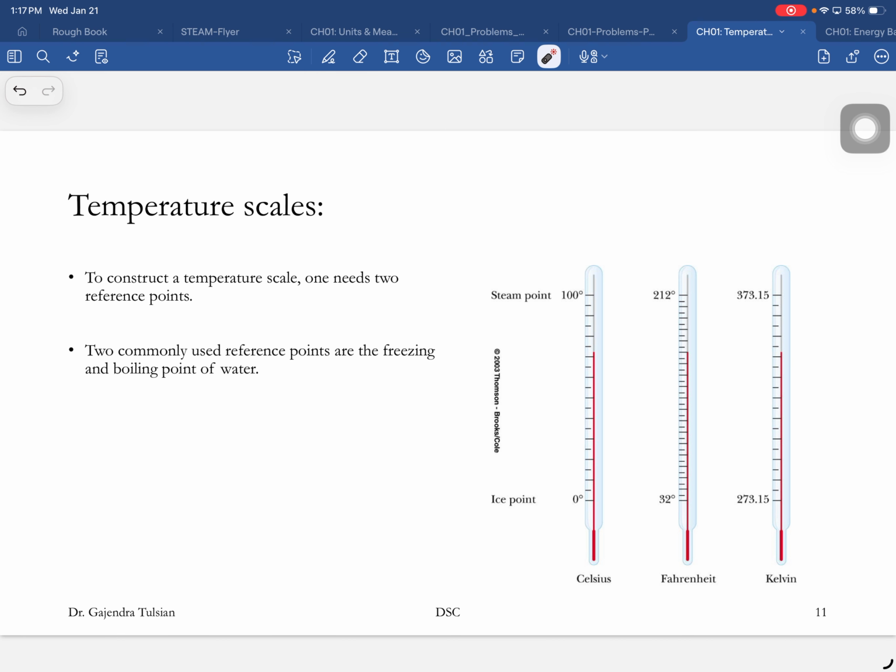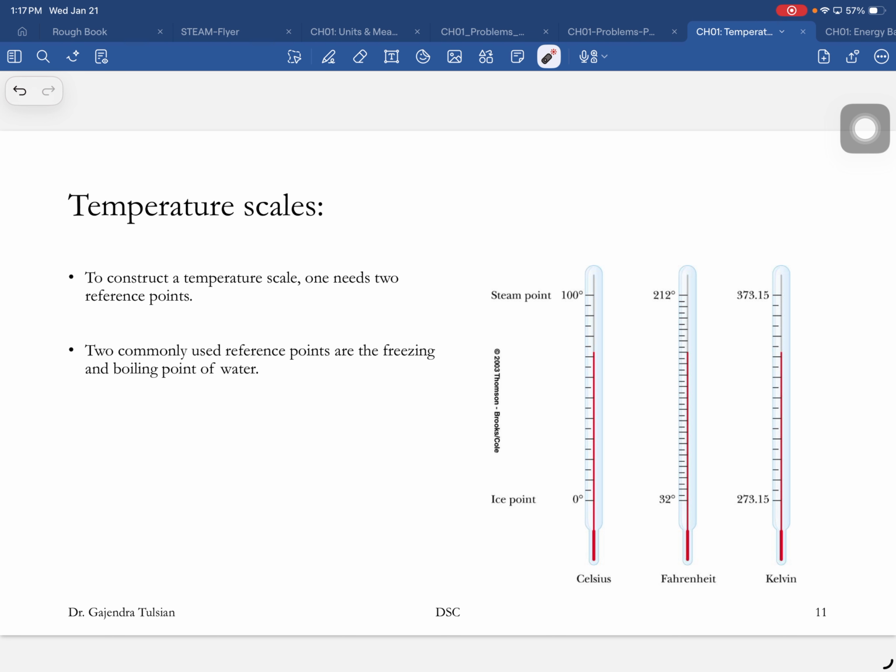And of course, this is warmer, and this is colder. To build a temperature scale, you can call this anything you want. The Celsius folks call this 0 degrees Celsius, and that point 100 degrees Celsius.